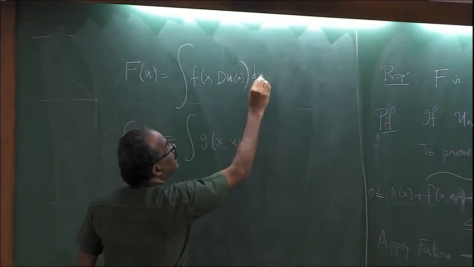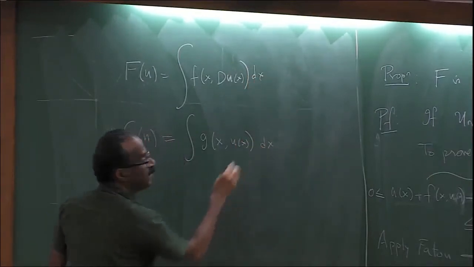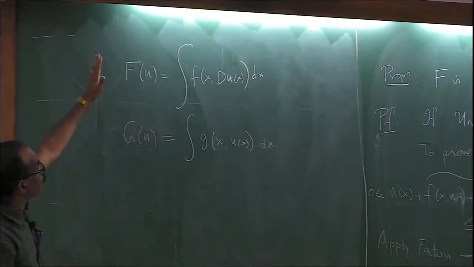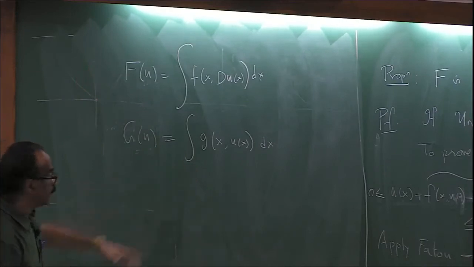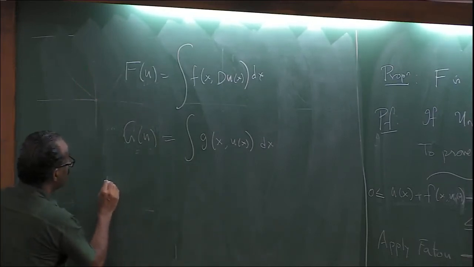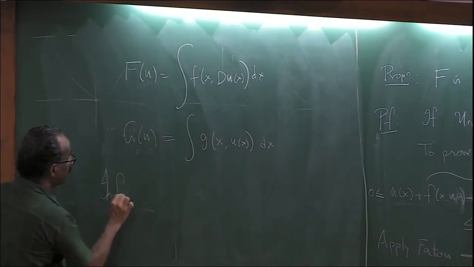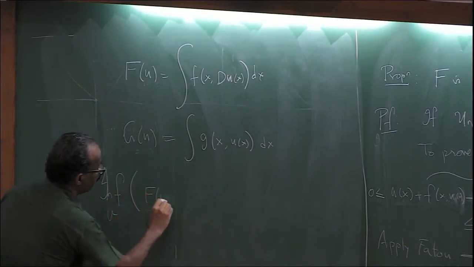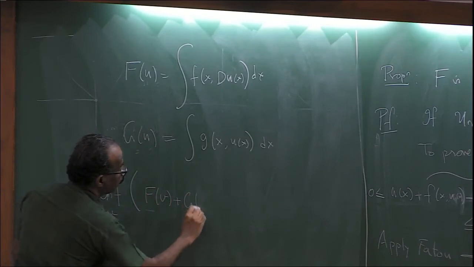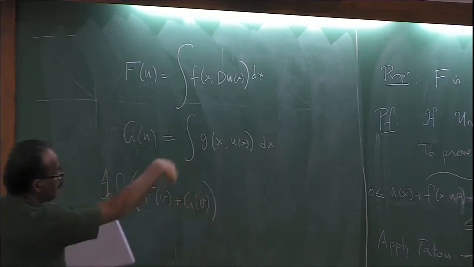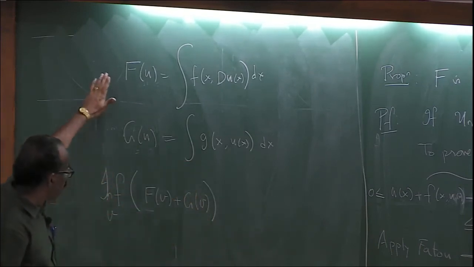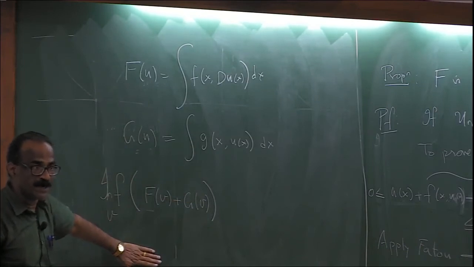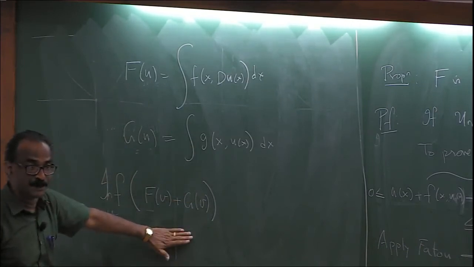So you can make similar assumptions on f and g, and you can prove certain lower semi-continuity of this one. And the important problem is to study the minimization problem over v of f of v plus g of v. With these assumptions, you will be able to prove the lower semi-continuity of such a minimization problem.